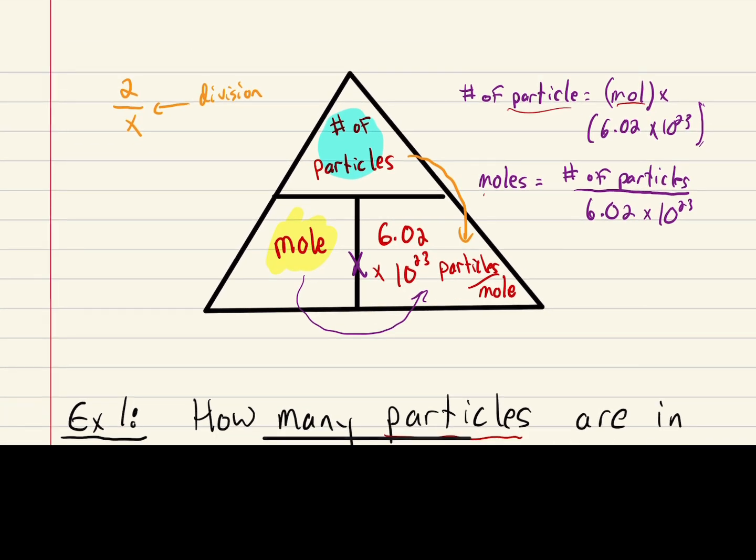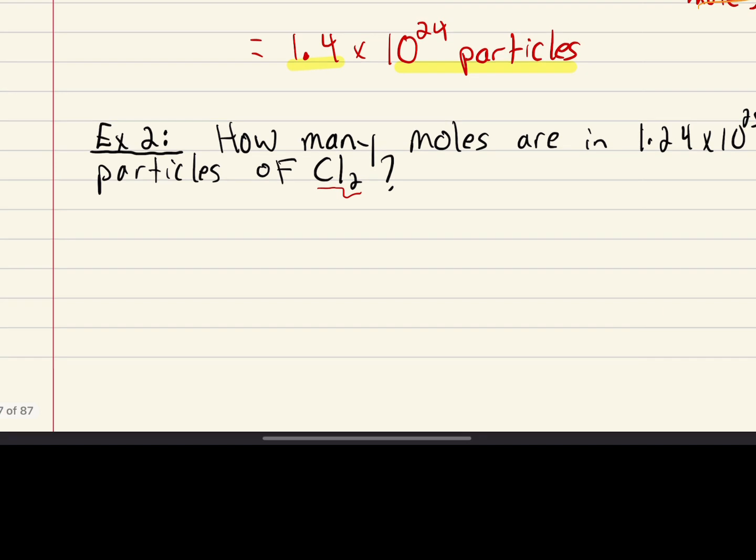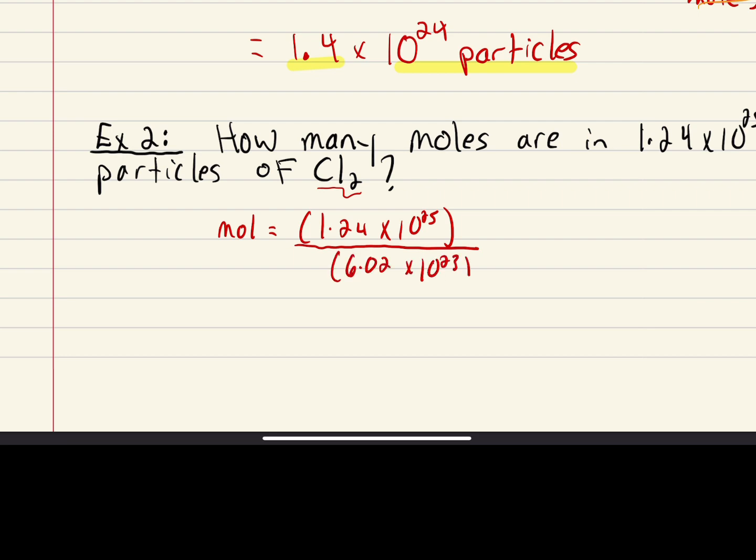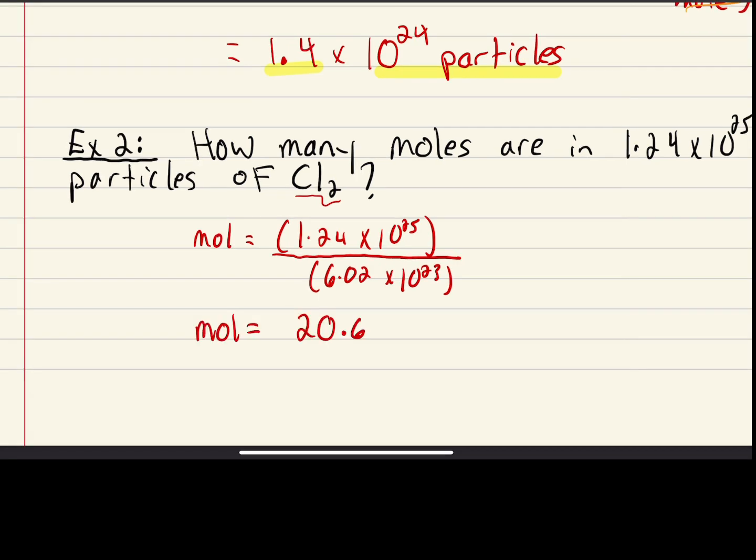We can see that the number of moles is the number of particles divided by 6.02 times 10 to the 23. So the moles equal 1.24 times 10 to the 25 particles over the Avogadro constant of 6.02 times 10 to the 23. This equals 20.6 moles of chlorine gas.